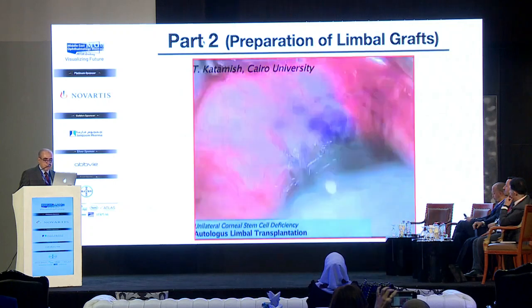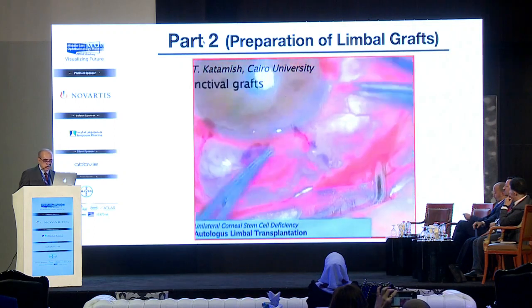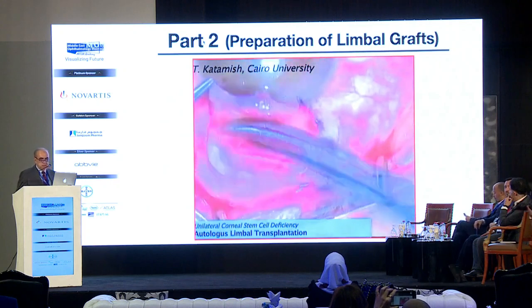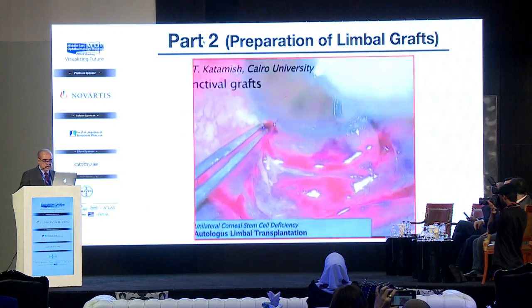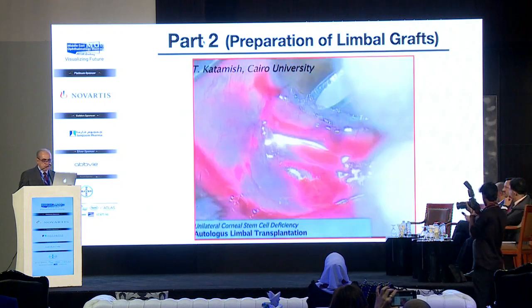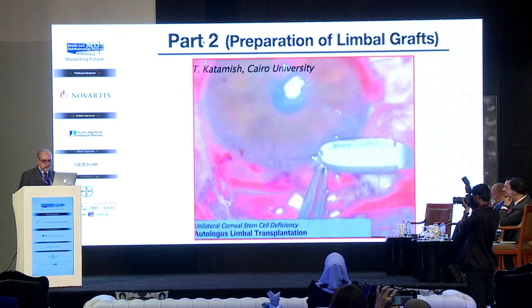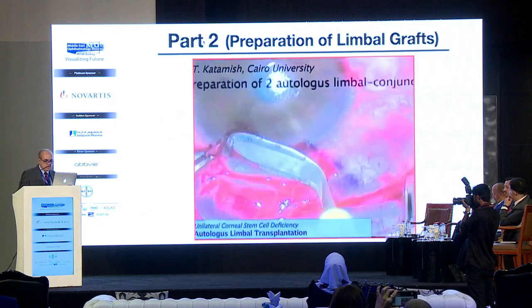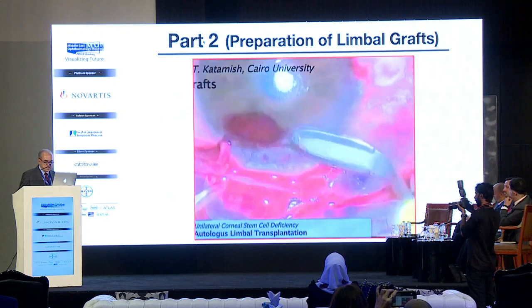You have to include about 0.75 or 1 millimeter of the limbal tissue, and then, by blunt dissection and making BSS injection, you can meticulously dissect this graft, and then you start dissecting it from the corneal side. You may use a crescent knife, being very careful not to damage these very precious limbal cells.